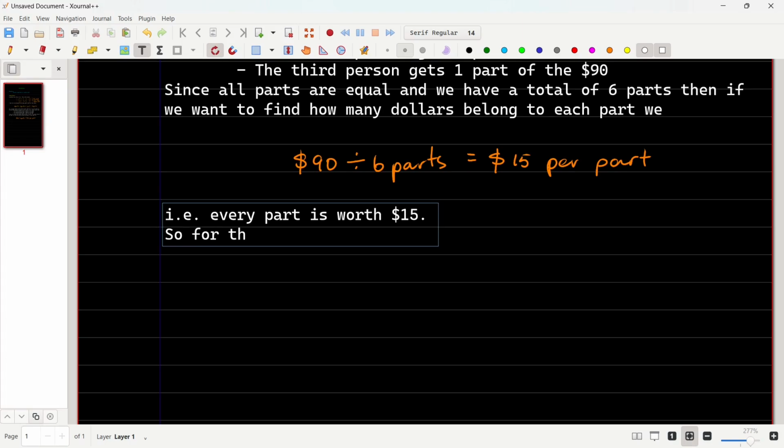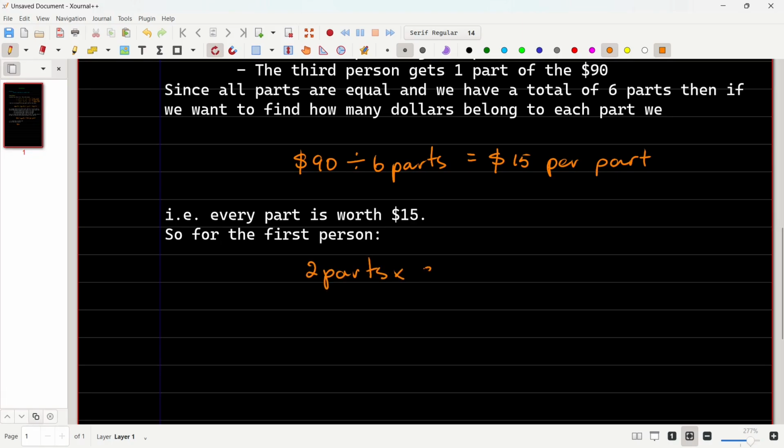So for the first person, we're going to have 2 parts times $15 per part, and we get $30.